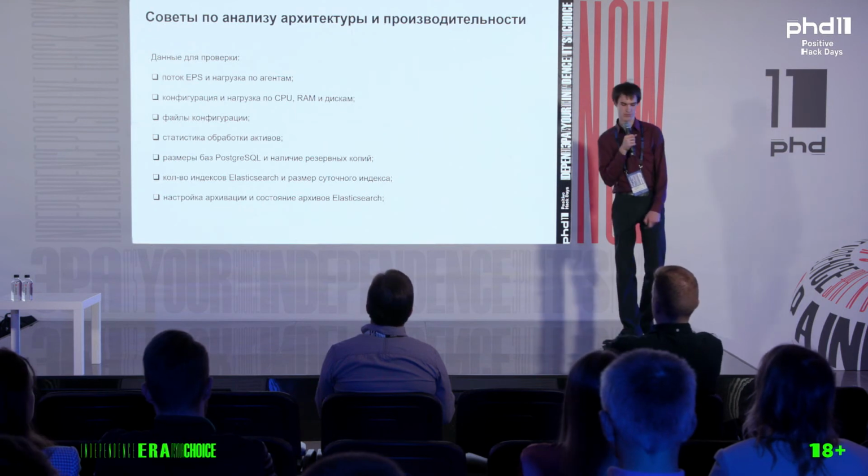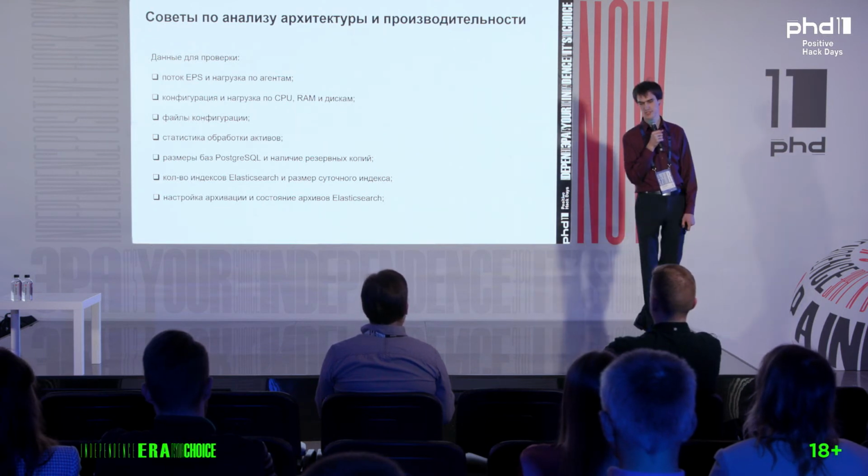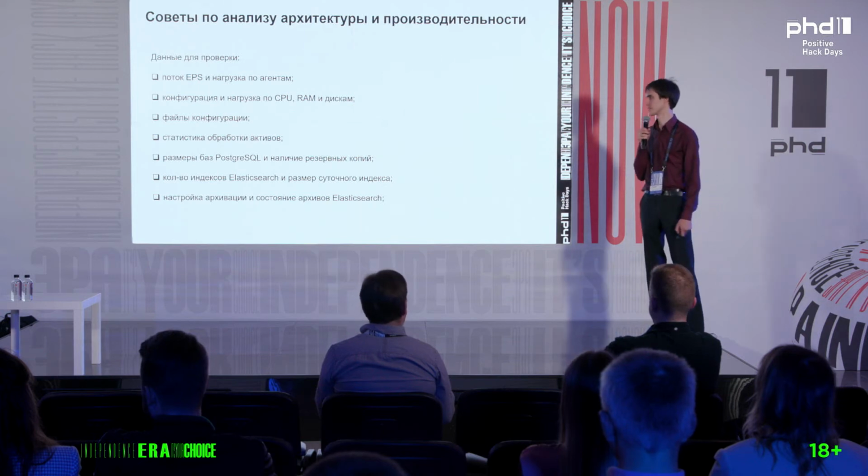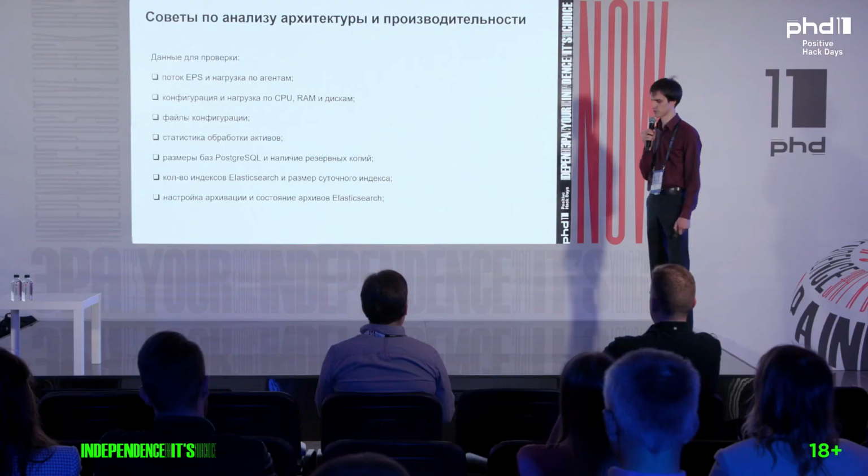Next one is checking Elasticsearch index and size of the daily index. So the big question here is how much we're storing in Elasticsearch and how much we want to store. The cool data, for example, data over 90 days, is usually relevant for analysis purposes.